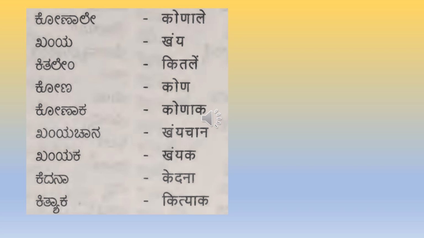Koi is where, kitle how much, konu who, konaka to whom, kaichana from where, kedana or kenna when, kitaka why. So we'll use gender variables for these in next lesson.